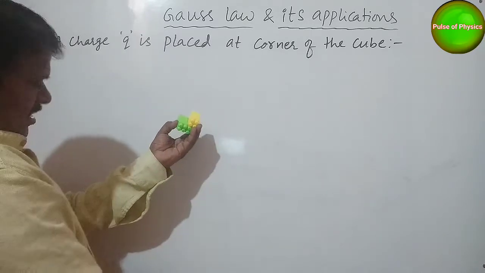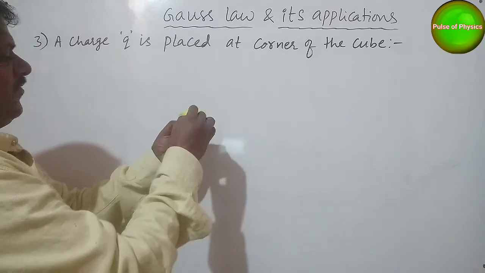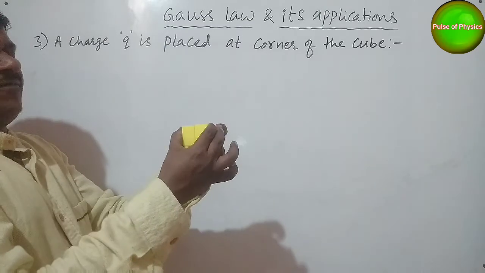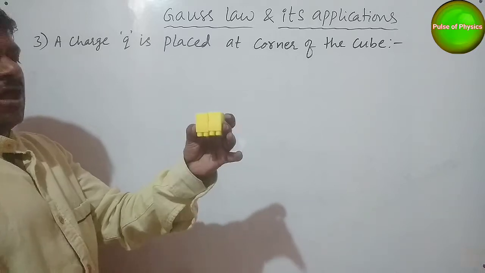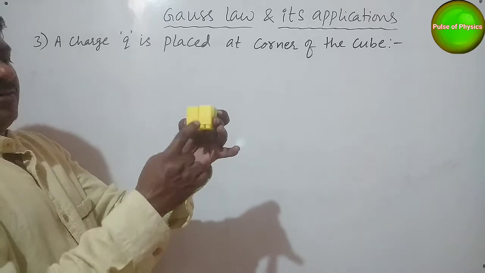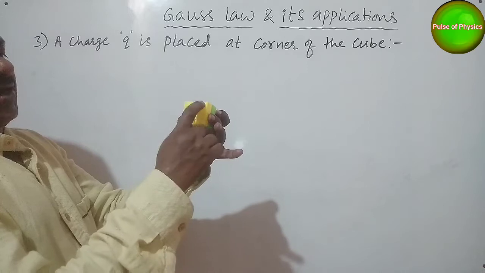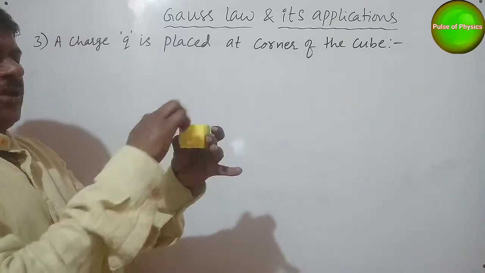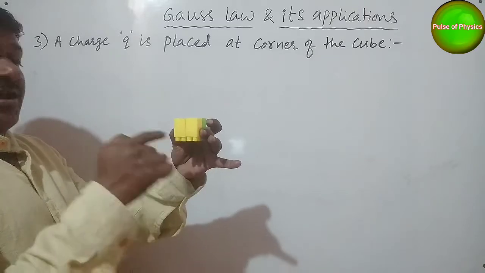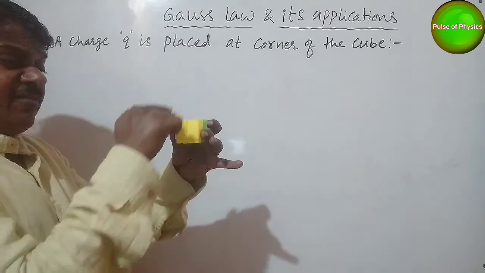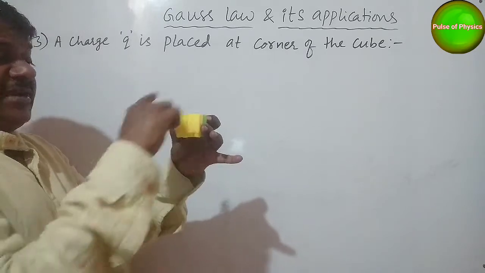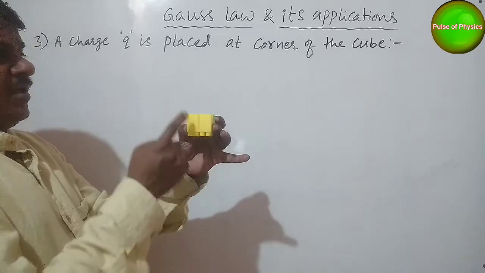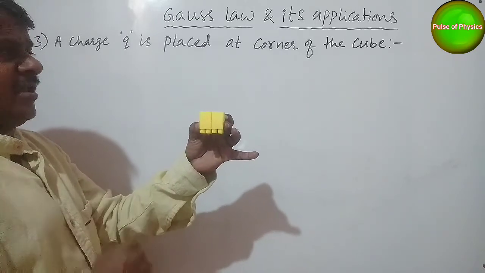Now the charge is at the center of this big cube. How many cubes? Totally 1, 2, 3, 4, 5, 6, 7, 8. Right? So 8 cubes are there. Now the charge is at the center of these 8 cubes. It is a closed surface. For an enclosed surface, I can apply Gauss law here.